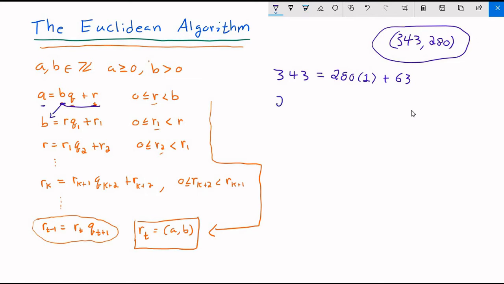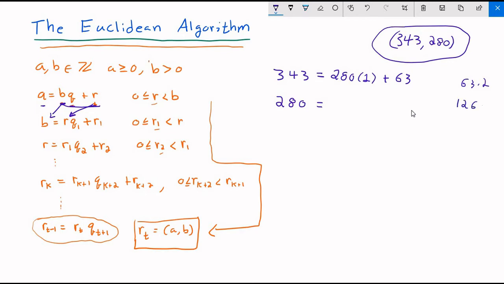And then our process is now we take our b and we move that to the left-hand side of some equation. So we're going to have 280. And it says our r becomes the new divisor. So we want to figure out how many times does 63 go into 280. If we have 63 multiplied by 2, that's going to give us 126.